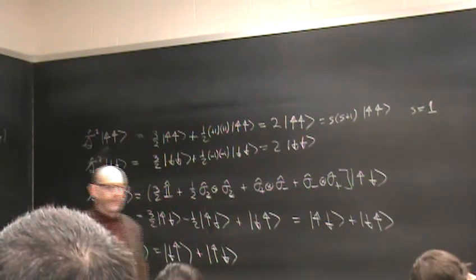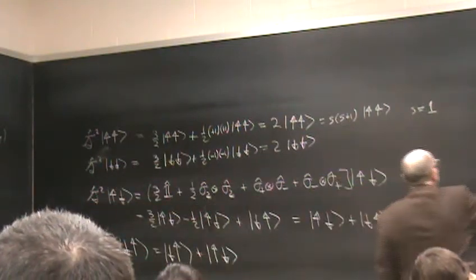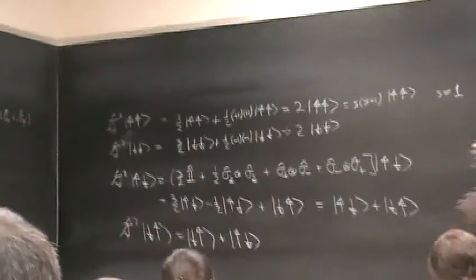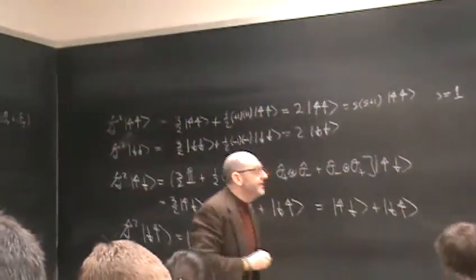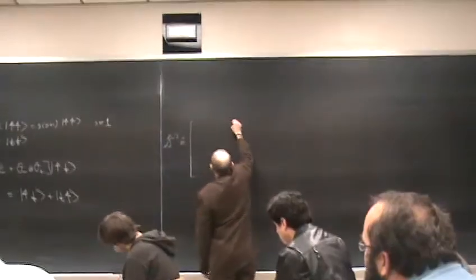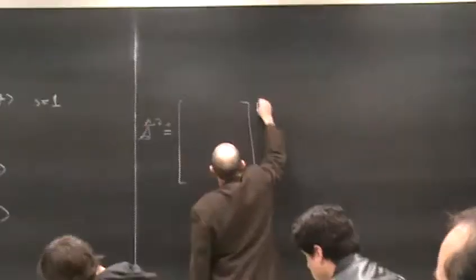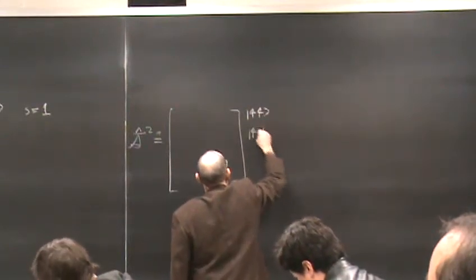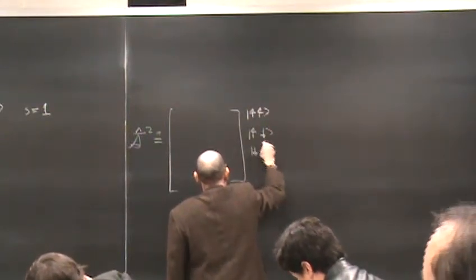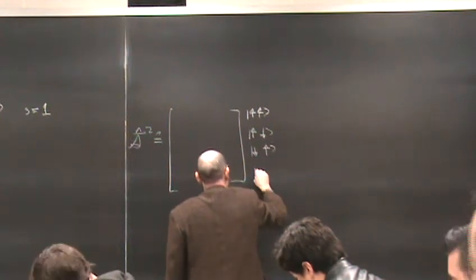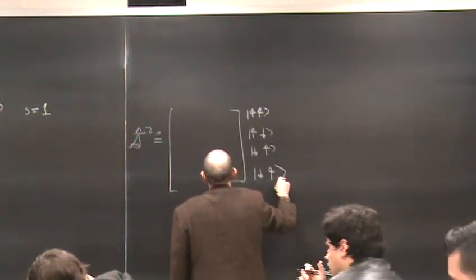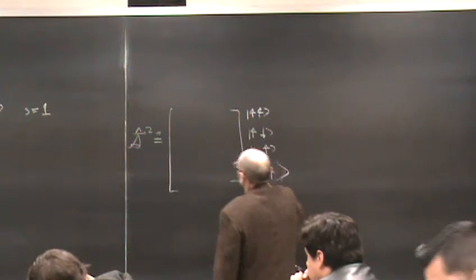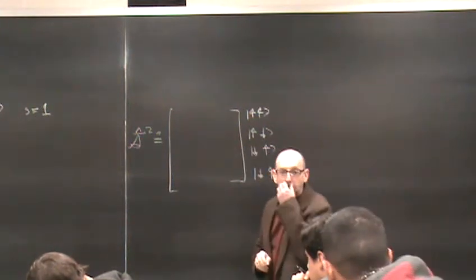Okay, just go through it. So now, what is the representation of S squared in this basis? Well, it's block diagonal, right?